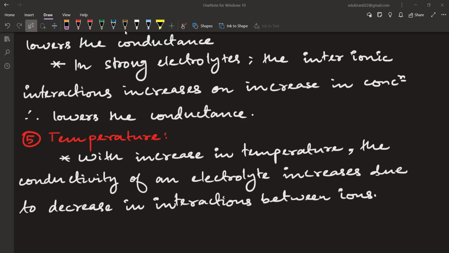All of these are there in physics also. You remember these words, right? Yes, sir. Then for electrolytic conductance, we will introduce at last the molar conductivity or molar conductance.